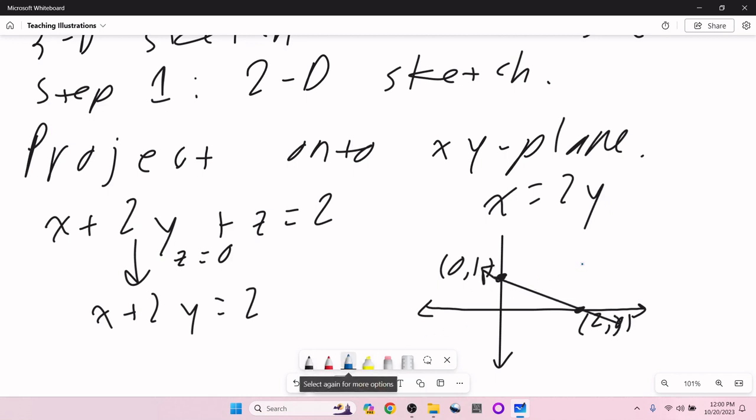And then the other function, x equals 2y, or y equals x over 2, if you'd rather write it in that form, goes like this. This isn't bounded, so we ask, what were the other things they told us? Well, we said x equals 0. So x equals 0 is the y-axis. So this is our region.